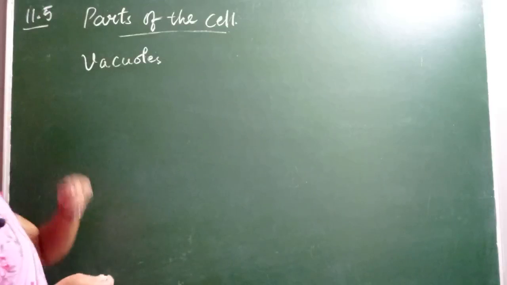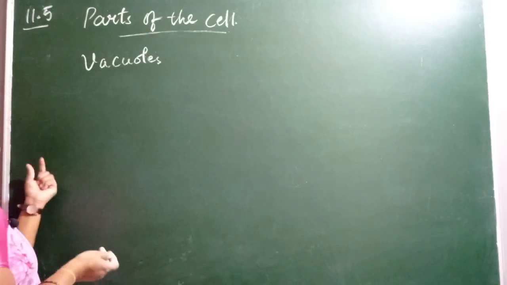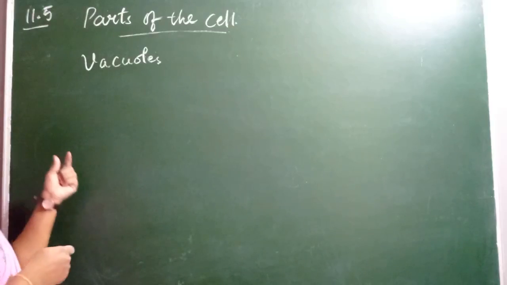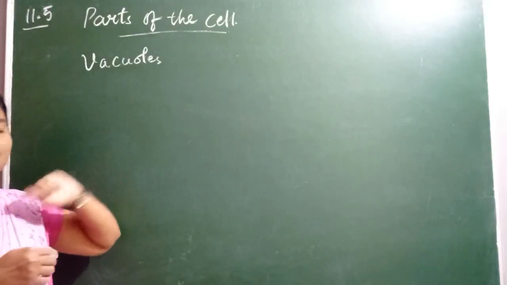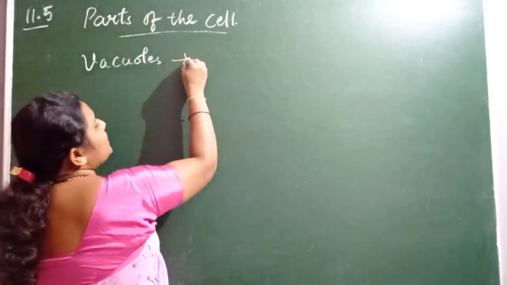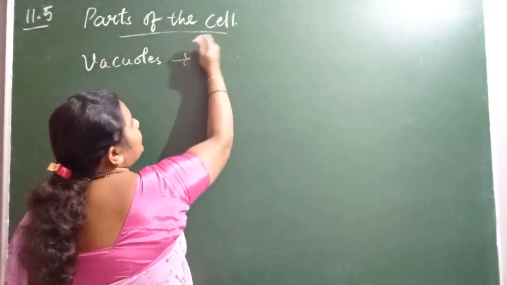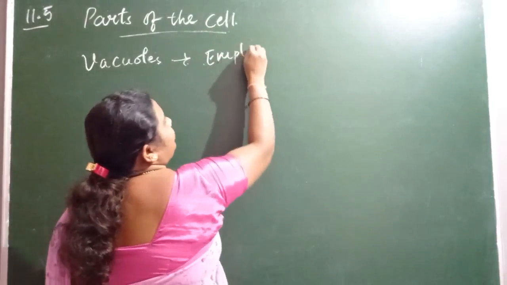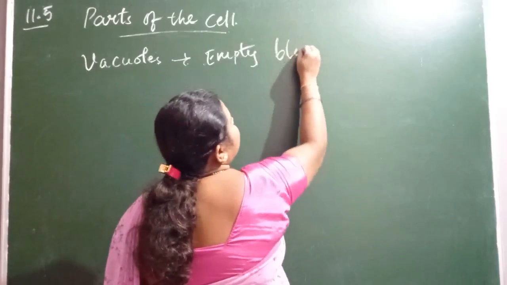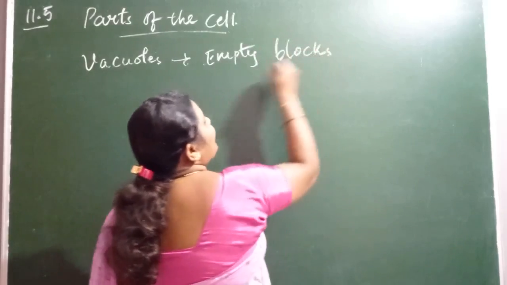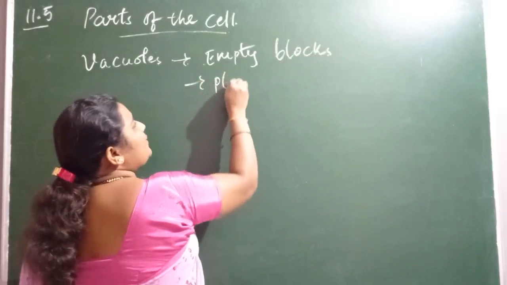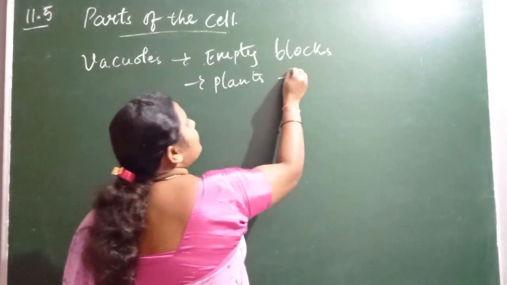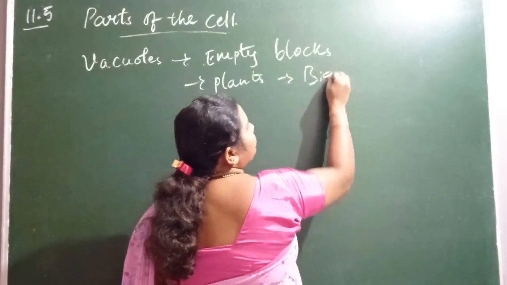Children, along with the nucleus, cytoplasm and cell membrane, a cell even consists of what? Vacuoles. Vacuoles are nothing but small empty blocks, we can say. In plants these are bigger in size.